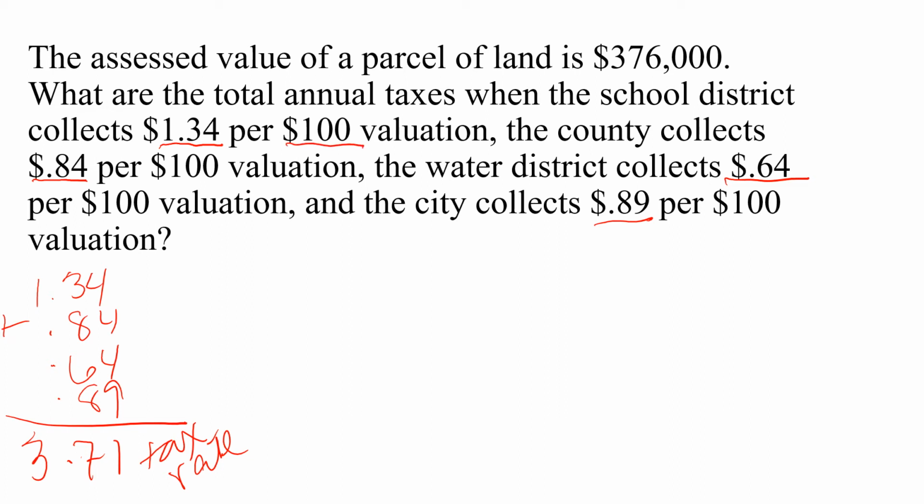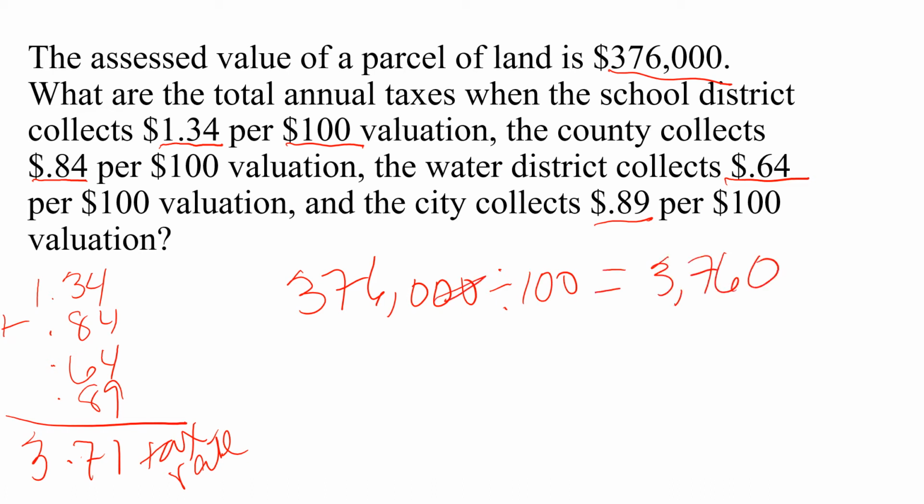And all of this is per 100, right? So let's take our value of 376,000, divide it by 100, getting rid of 2 zeros, so we have 3,760. And now we want to multiply it by our tax rate for our total.